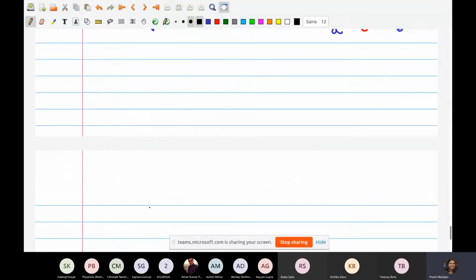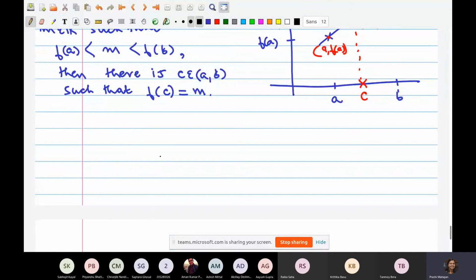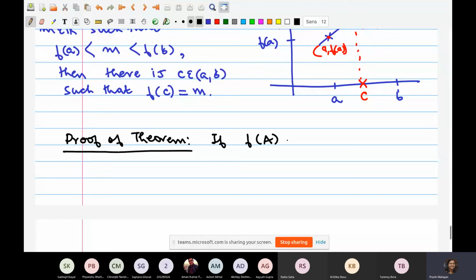So here I am giving the proof of Theorem A. Let, if possible, on the contrary, assume that f(A) is disconnected.